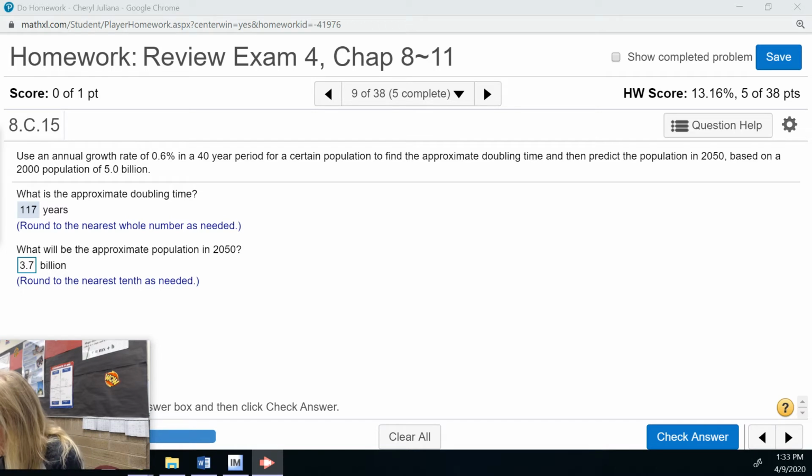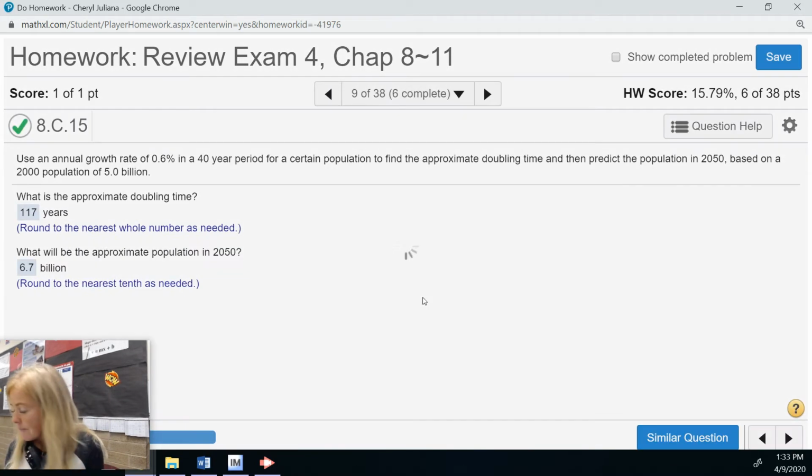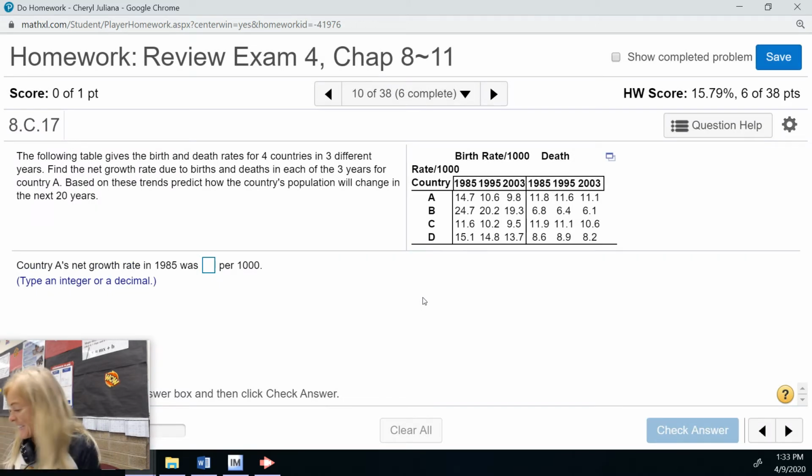Doubling time. So 6.7. All right, well, it just took me a second. I knew it as soon as I looked at my parentheses in my calculator. I have to be careful that when I'm doing half time, I'm dealing with 1/2, and when I'm doubling, I'm dealing with the power of 2 and doubling time.